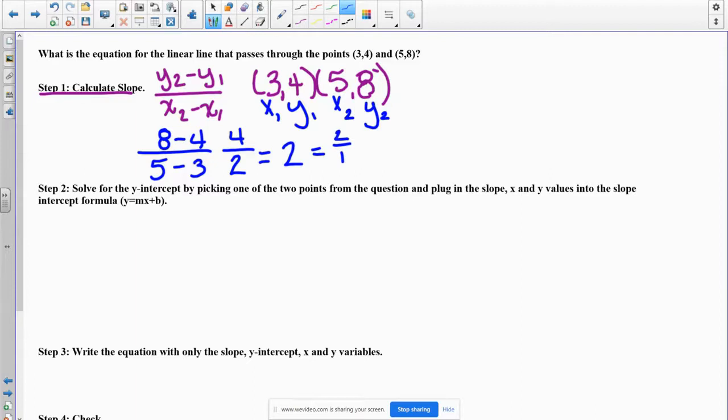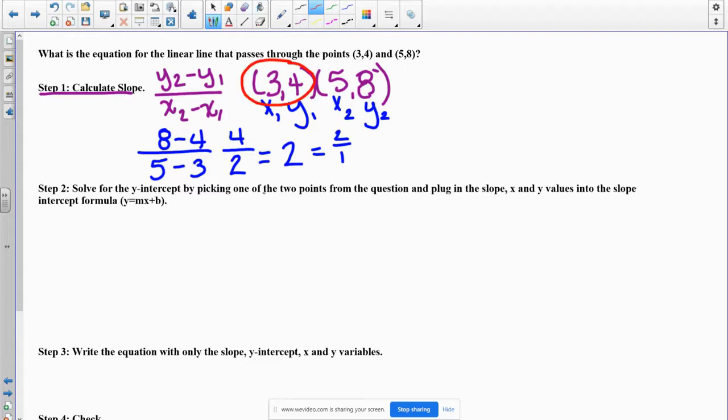Second step, as you wrote on the other previous page, solve for the y-intercept by picking and plugging in one of the 2 points, and then you are going to solve for b. So you're going to come up here, and it doesn't matter. Don't overanalyze this. We'll just use this first one.